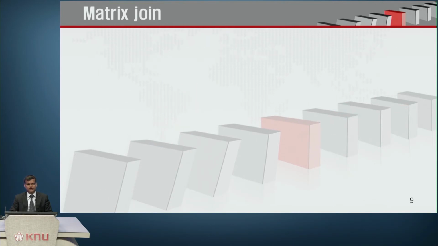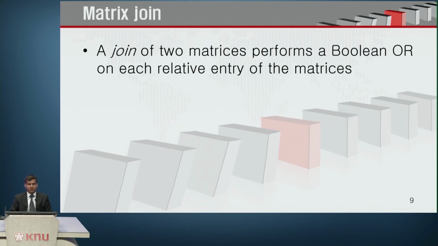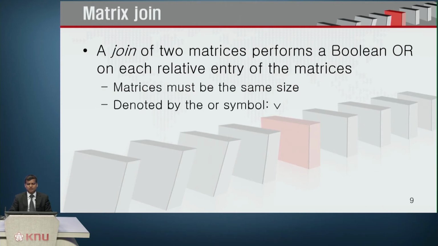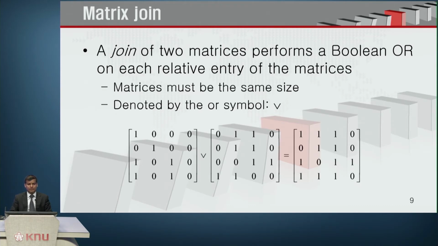Let's talk about the join of two matrices, which performs a Boolean OR operation on each relative entry of the matrix. The matrices must be of the same size, and the OR operation, as you know, is denoted by the symbol that looks like V. For example, here we have a matrix form with 1 and 0. As you know, 1 represents true and 0 represents false.